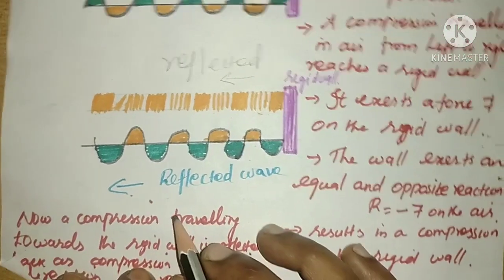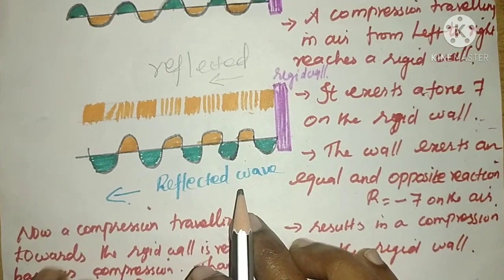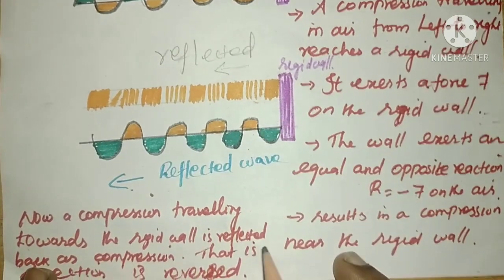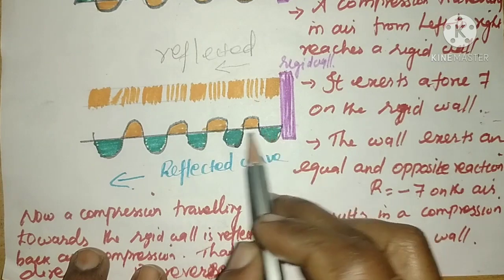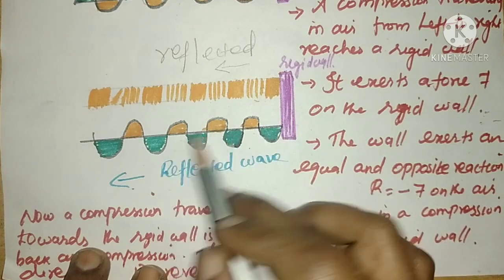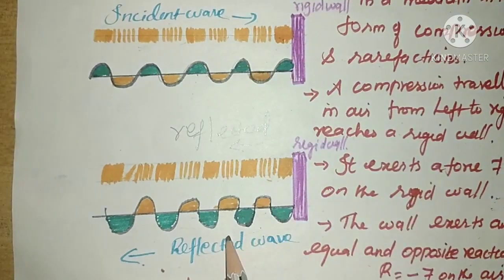So now the compression traveling towards the rigid wall is reflected back as again what? Compression, and the direction is reversed. So the reflected wave travels in the reverse direction. This is the direction of the incident wave and this is the direction of the reflected wave.